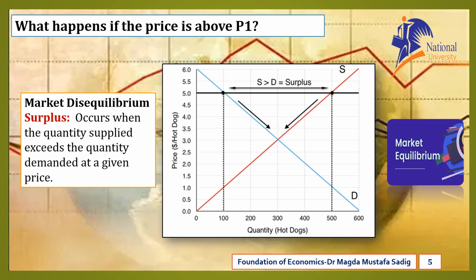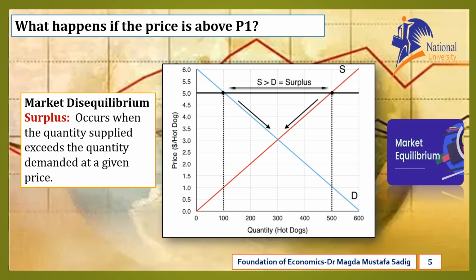But now, suppose the market price is set above equilibrium. The equilibrium price here is $3, and the equilibrium quantity is 300.